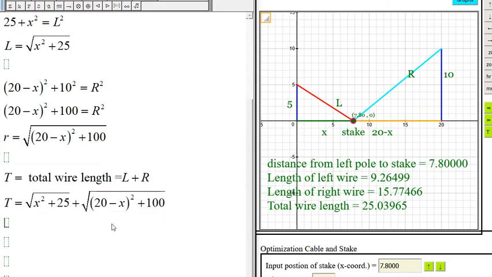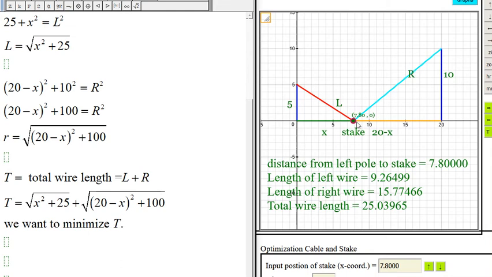And we want to find minimum T. So we want to minimize T, because we want to know where should X be. What should X be? Because X is the position of the stake, so that the total wire length is minimized, is at a minimum.